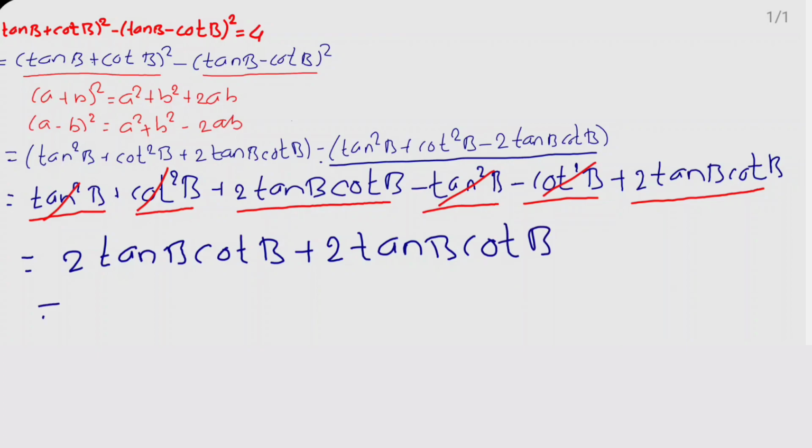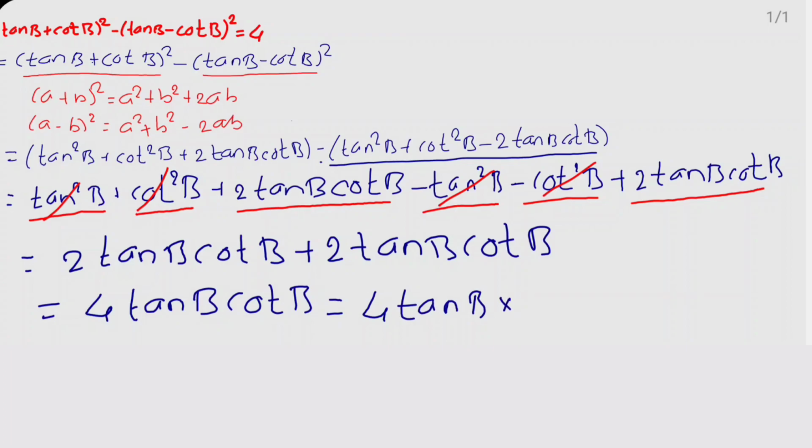So now add these two, we get here 4 tan b cot b, and now 4 as it is and tan b as it is, into cot b you can write 1 divided by tan b, because we know that cot theta is equal to 1 by tan theta, and now here tan gets cancelled, so the remaining is 4, so this is equal to RHS.